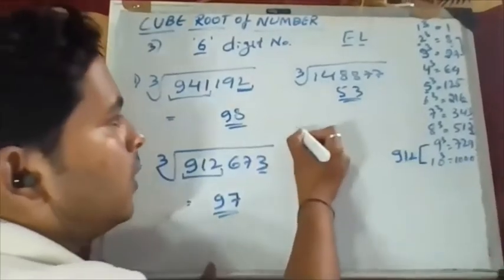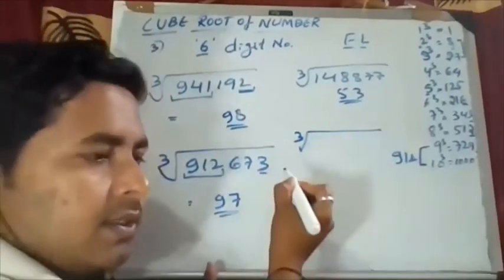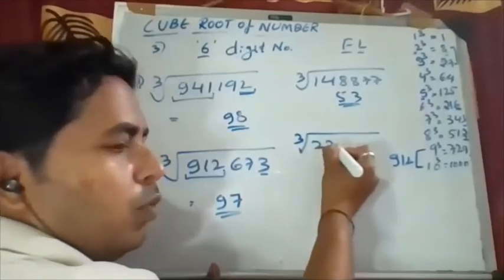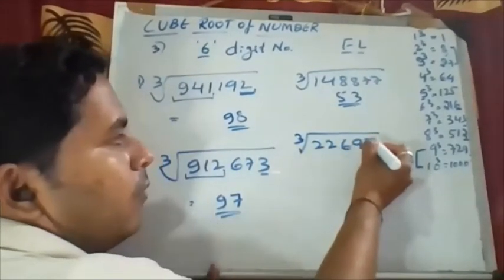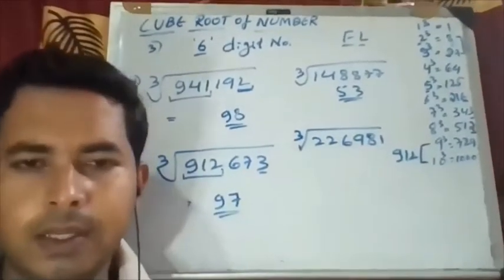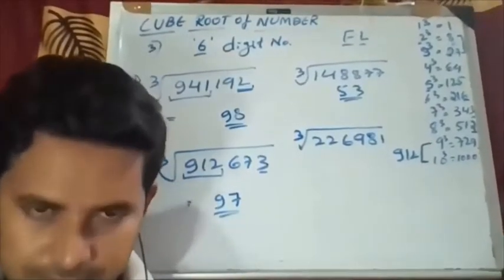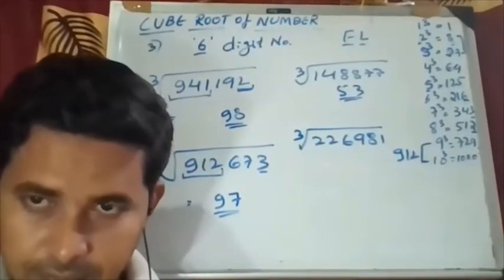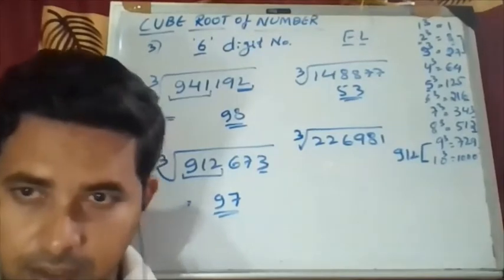Okay, now do one more example under this last concept. 226981. What will be the value? Okay, 61.